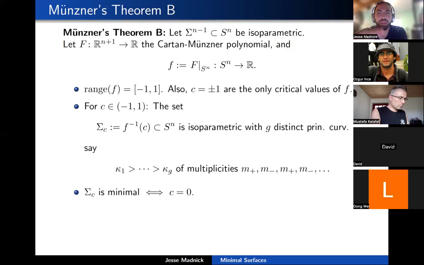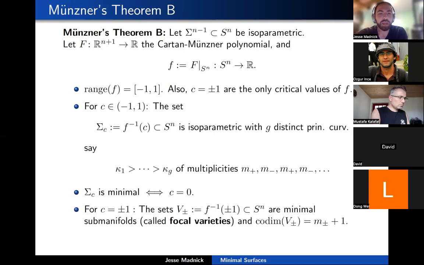So you get this sort of parallel family of CMC and minimal hypersurfaces, which is quite beautiful. And the multiplicities of the principal curvatures alternate m plus, m minus, m plus, m minus, and exactly one of these is minimal. It's the one corresponding to c equals 0.